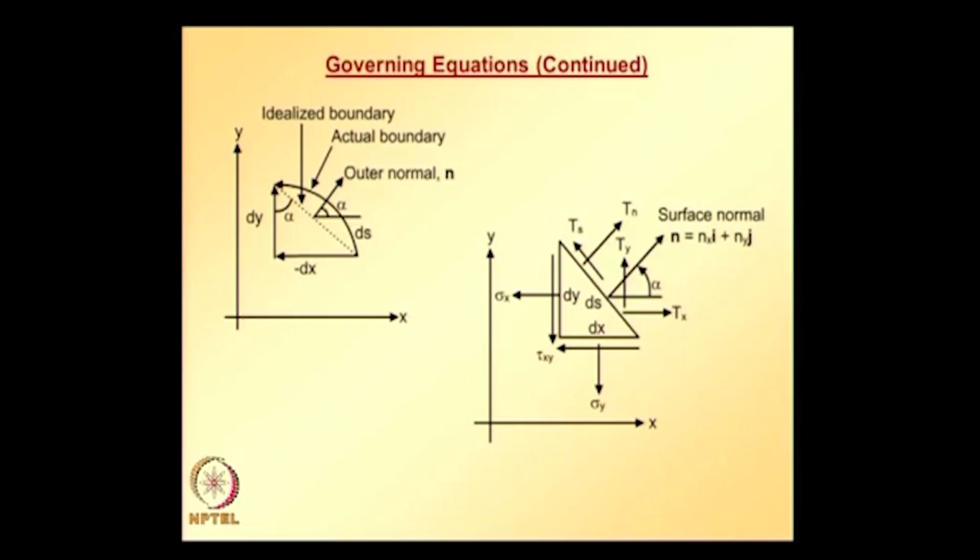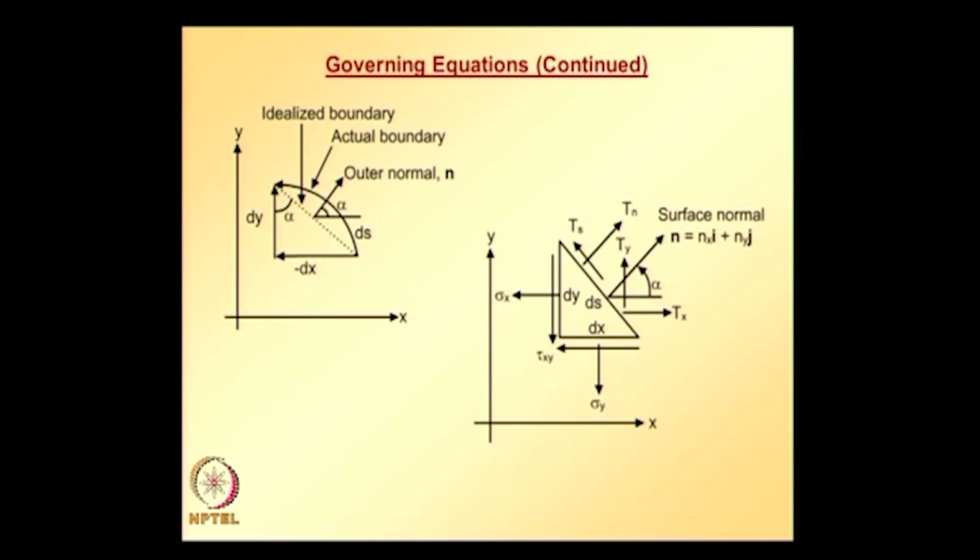And here, a differential element on the boundary on which traction is specified is shown. In the first figure, both the actual boundary and the idealized boundary are shown, and we will be doing all calculations on the idealized boundary.